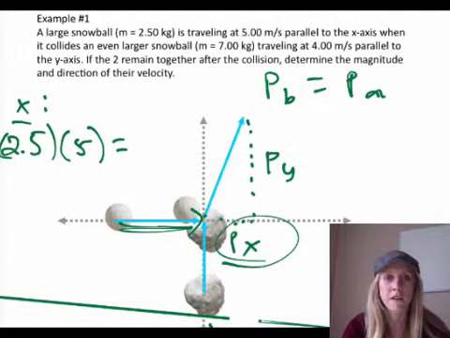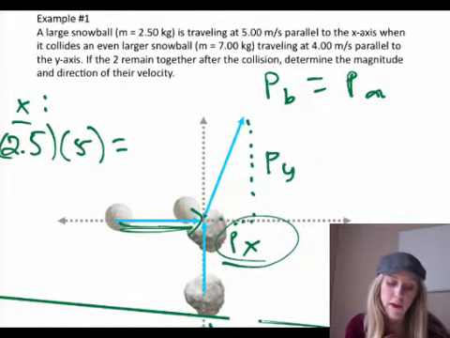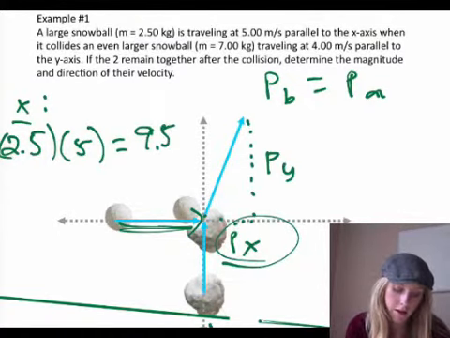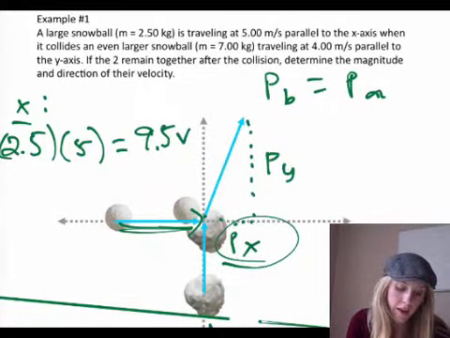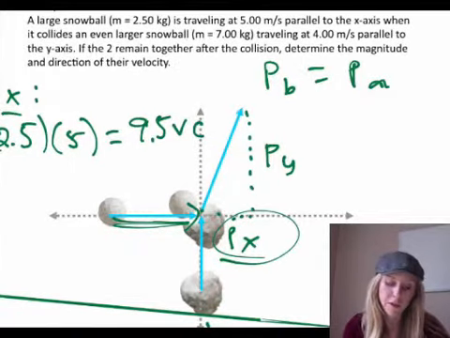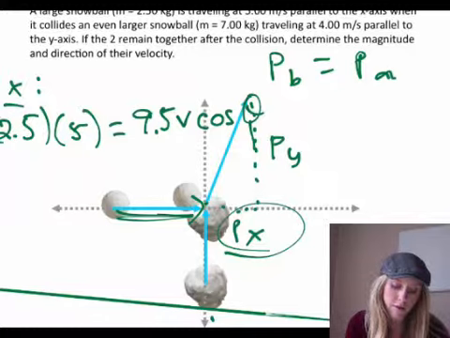They're stuck together, and that means the total mass would be 7 plus 2.5, which is 9.5. And then they have some sort of velocity. Now that's the overall momentum, the mass times the velocity, but we're doing just the x, so that would be the cosine of the angle.